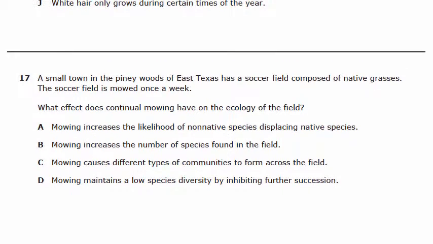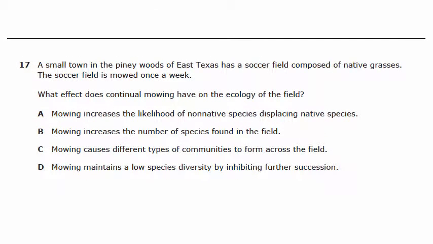Number 17. A small town in the piney woods of East Texas has a soccer field composed of native grasses. The soccer field is mowed once a week. What effect does continual mowing have on the ecology of the field? A. Mowing increases the likelihood of non-native species displacing native species.